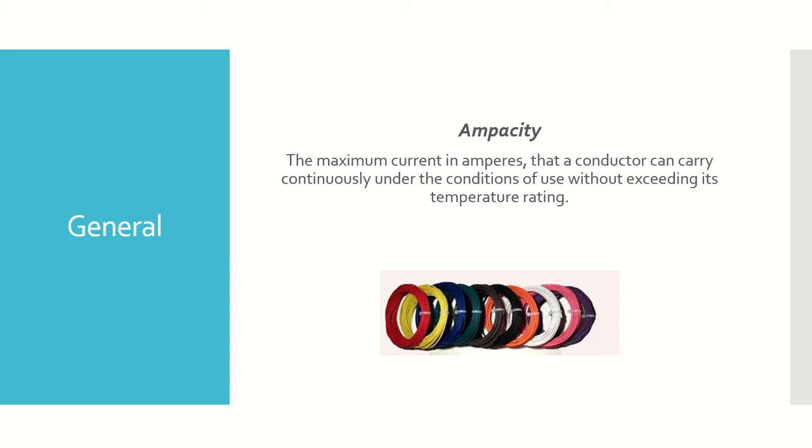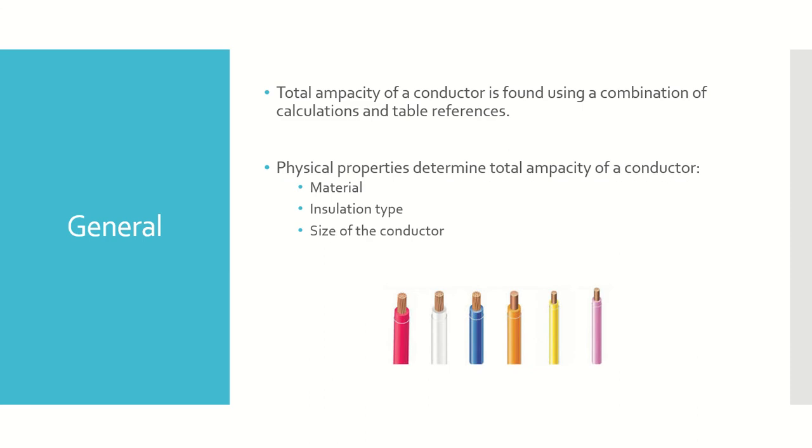So ampacity is basically the measurement of electron capacity of a conductor, or the maximum number of electrons which can safely travel down that conductor at the same time without heating it up and taking it past its temperature rating.